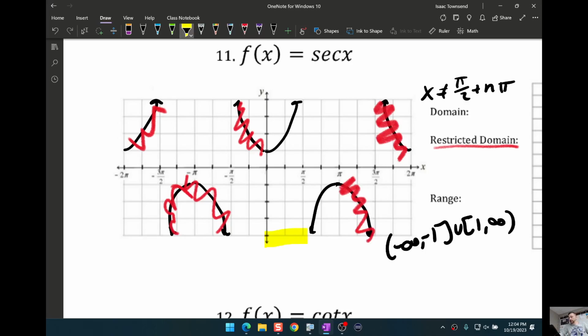So our domain comes from these x values: 0, which you can include, to pi over 2, which you cannot include, and then pi over 2, which you cannot include, to pi, which you can include. So 0 and pi need brackets because you reach those values. Pi over 2 should be in parentheses because you only approach those values.